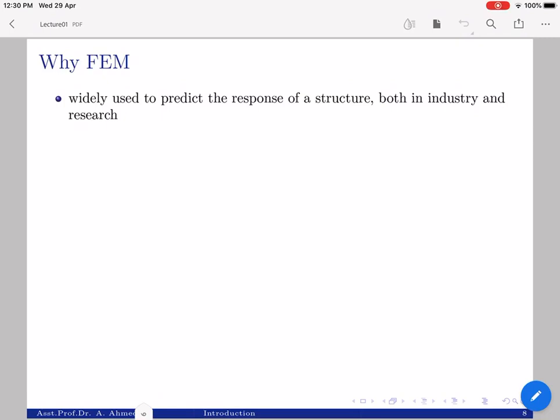So whenever we would like to look into the response of the structure, definitely we will be using the finite element method, and it's being used both in industry and in the research field.